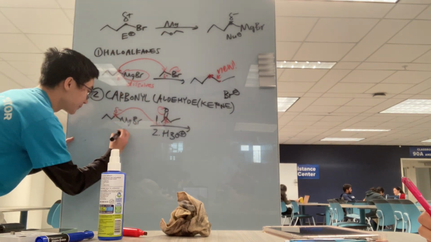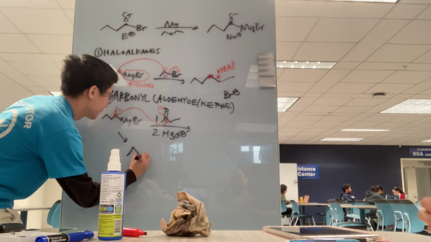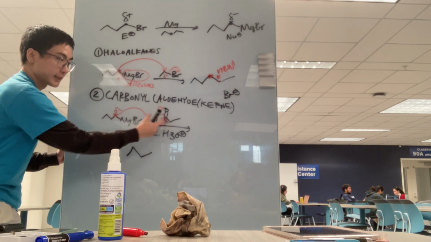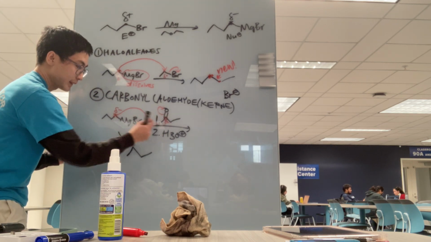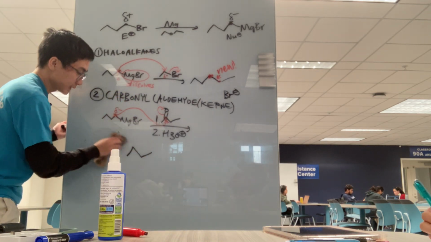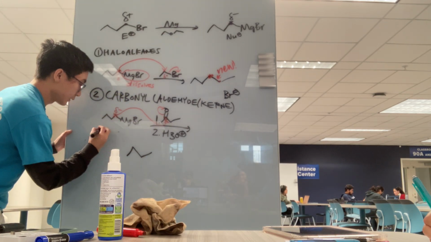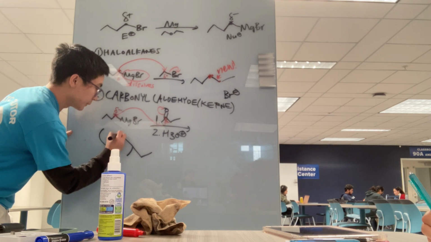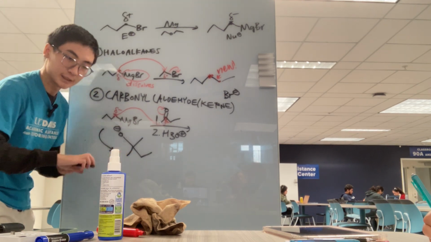So when we draw out the intermediate of this, I'm going to draw out this molecule like that. And I'm going to say that this is the O minus, this is the new bond that I just formed, right?